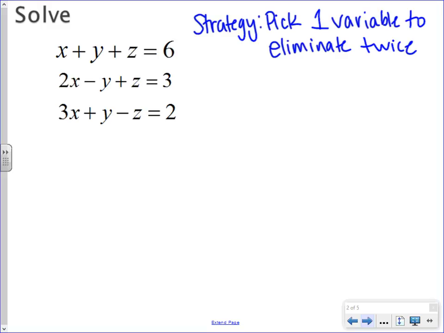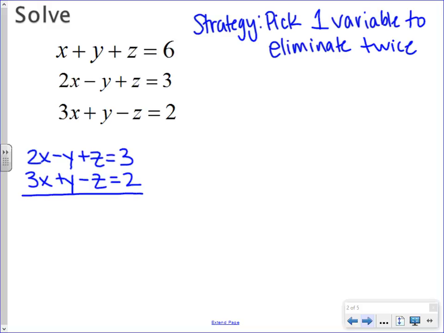So, a lot of you are noticing this right here. The z's are opposite, correct? So let's take the second equation and the third equation and use our elimination process to eliminate z. So the z's cancel.